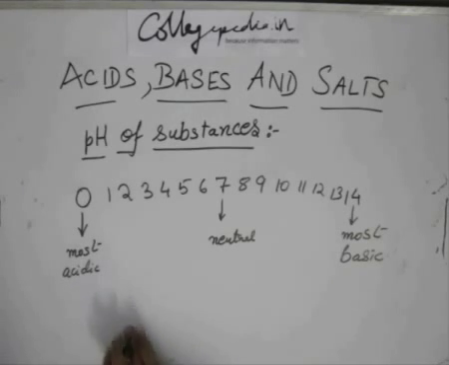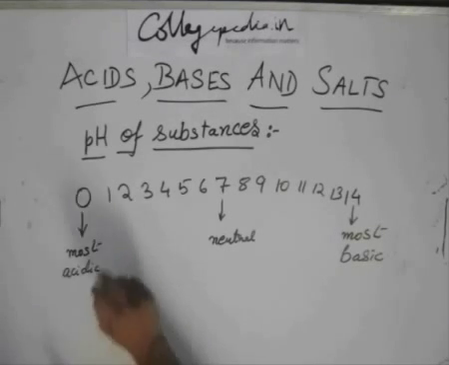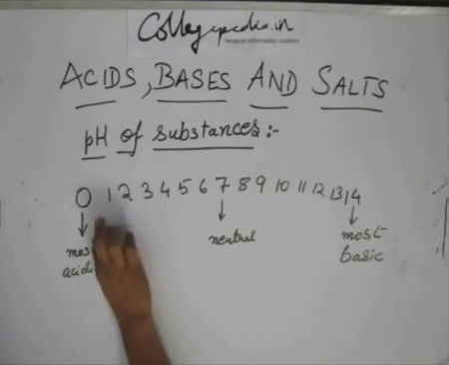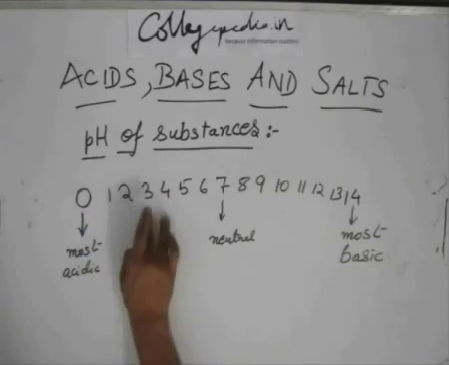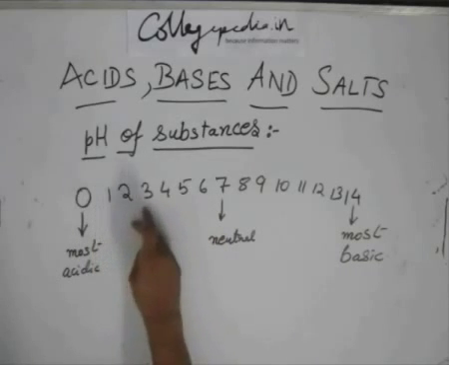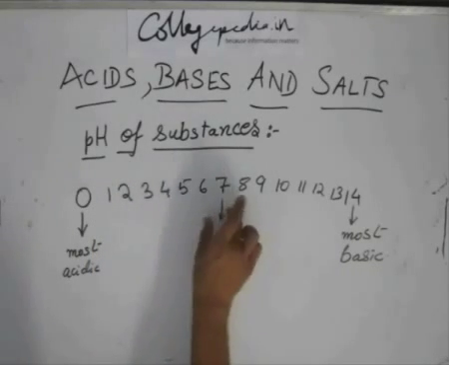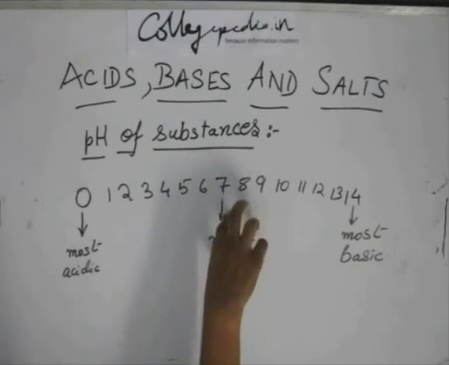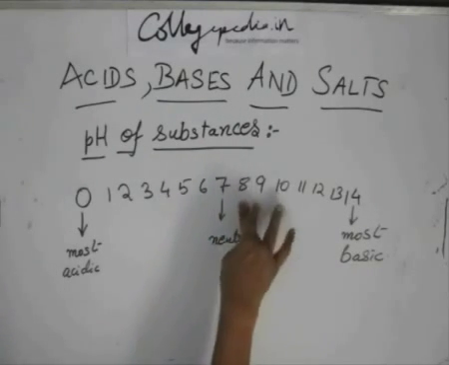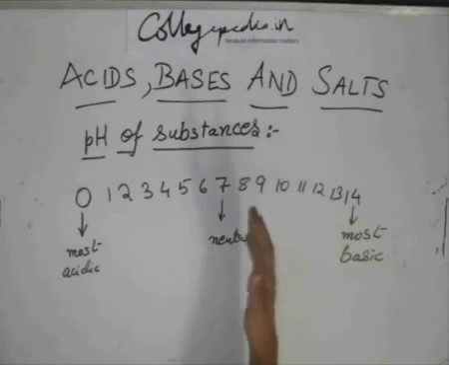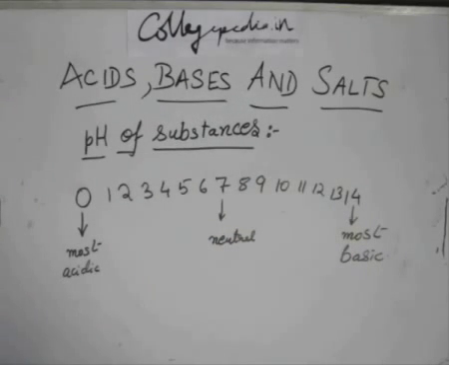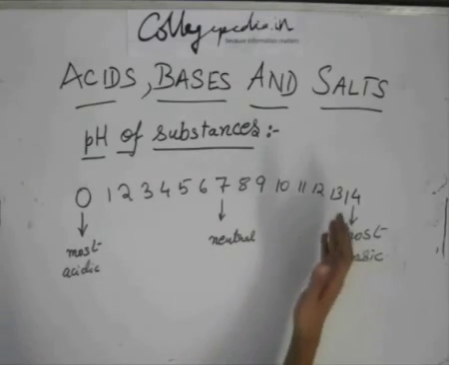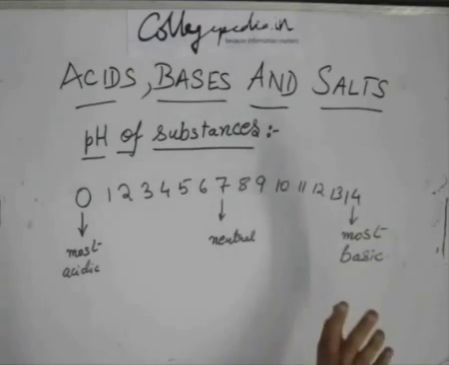As we go from 0 to 1 to 2 to 3, 0 is most acidic, and 1, 2, 3, 4, 5, 6 become lesser and lesser acidic, and at 7 it becomes neutral. After becoming neutral, it goes to 8, 9, 10, 11, 12, and thus it becomes basic, more and more basic, and at 14 it becomes most basic.